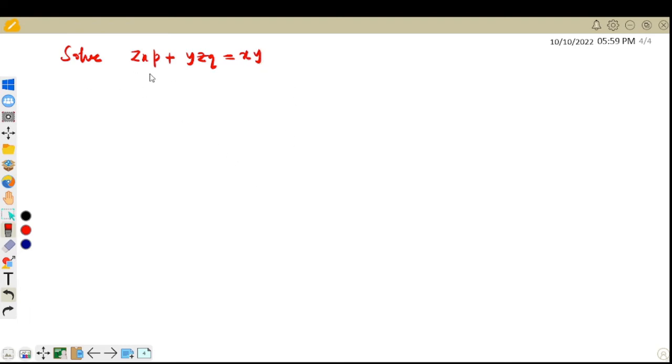Now just compare as I expressed in the first example. This is equivalent to capital P into small p plus capital Q into small q is equal to capital R. Then capital P is equal to zx, capital Q is equal to yz, capital R is equal to xy.